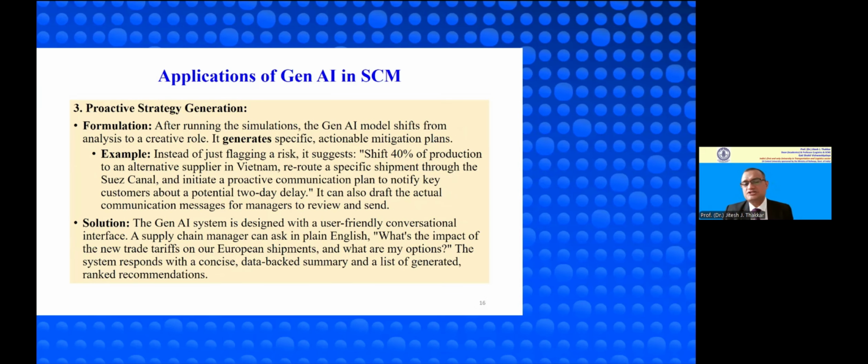The third stage in use of Gen AI for the case under consideration is proactive strategy generation. Once you have run the simulation, the Gen AI model shifts from analysis to a creative role and generates specific, actionable mitigation plans.